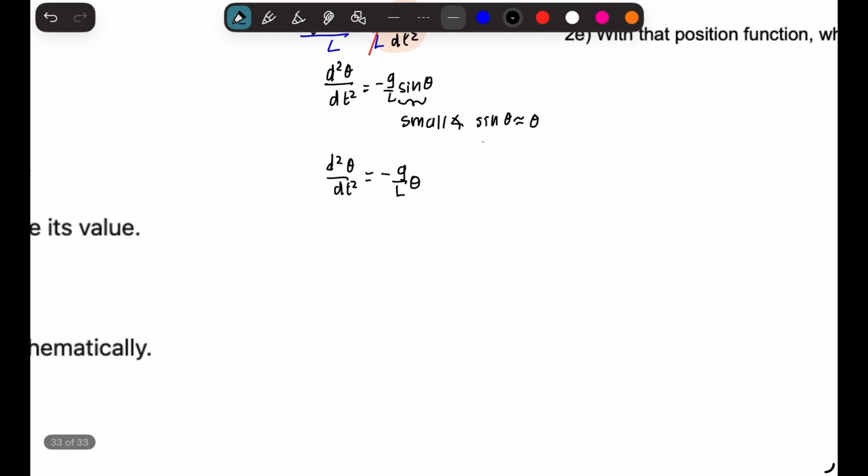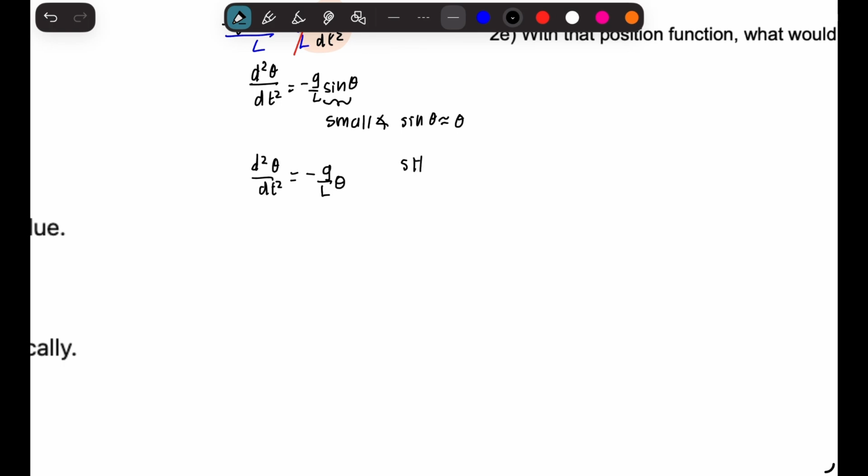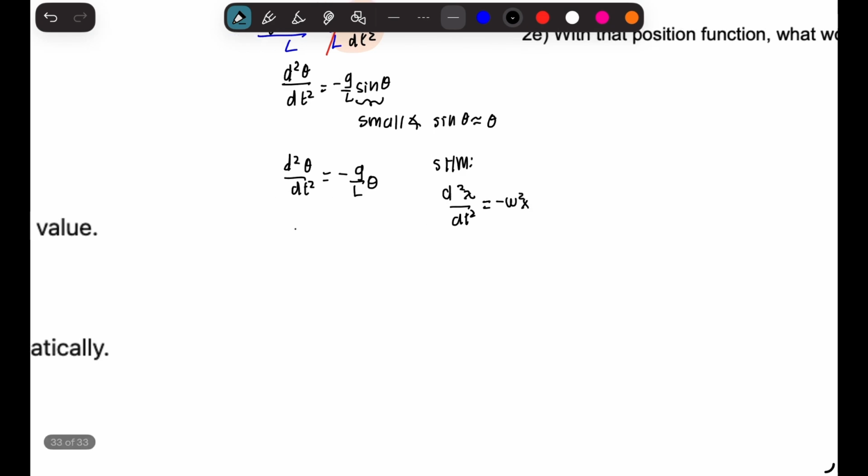And we know that with simple harmonic motion, so here we can substitute that in.